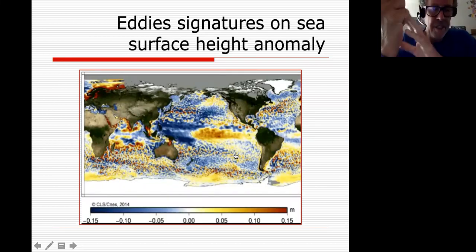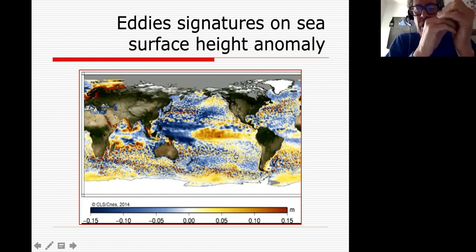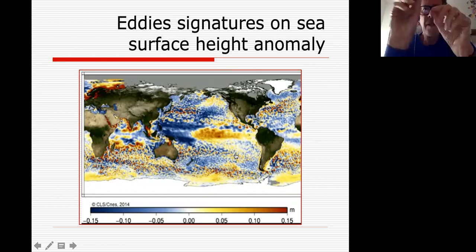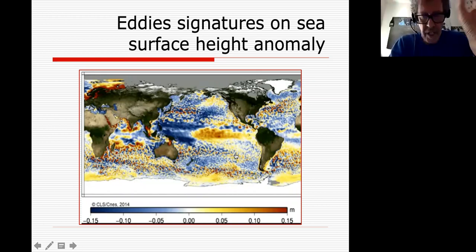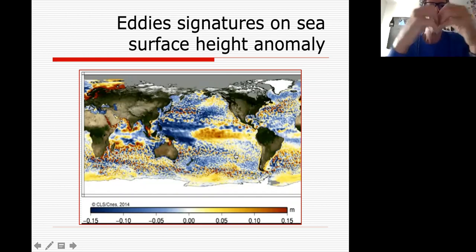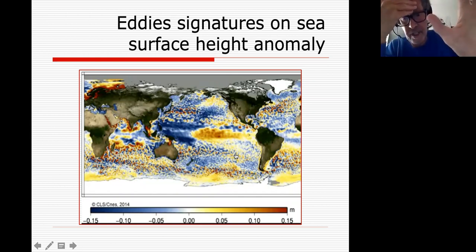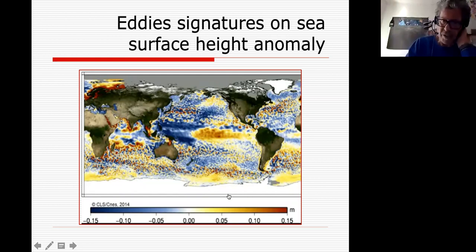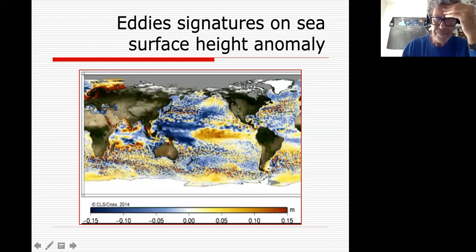So a single observation is good to represent well what happened in a single place. It's difficult from a single observation only to reconstruct a large area, especially if you want not a synoptic view, but a general large-scale long-lasting image of the ocean in a geographical area.